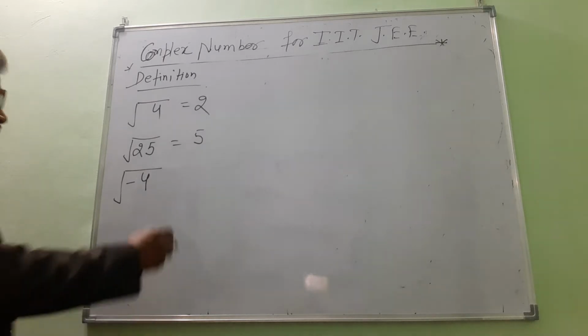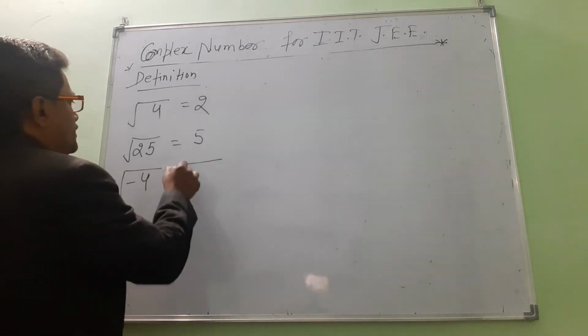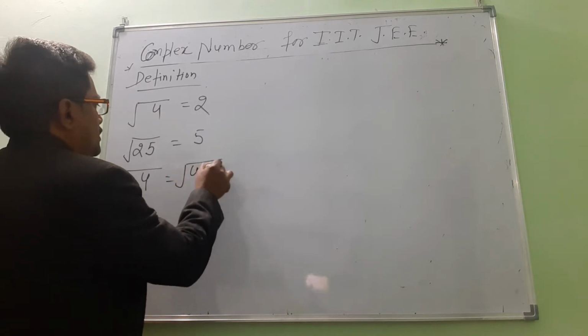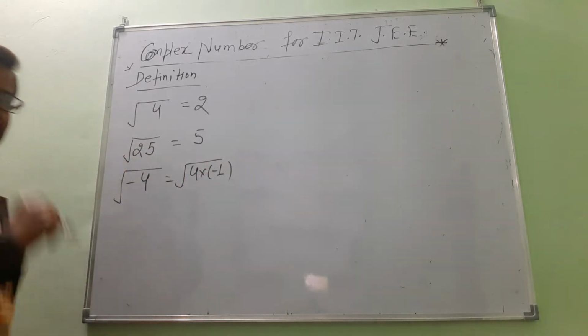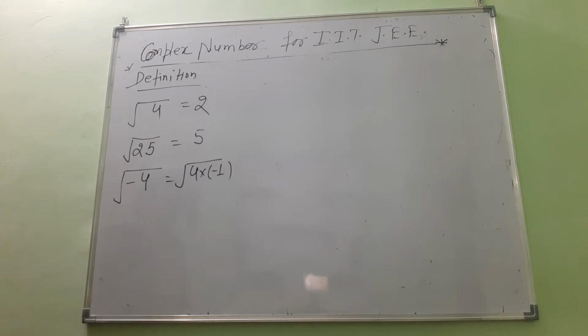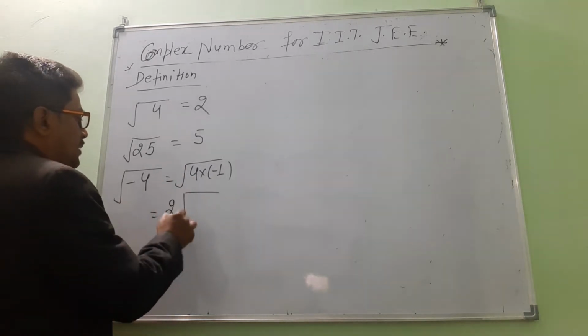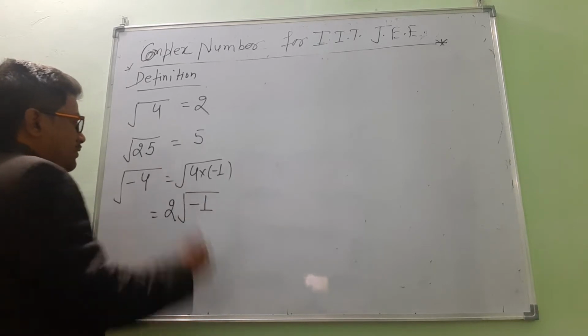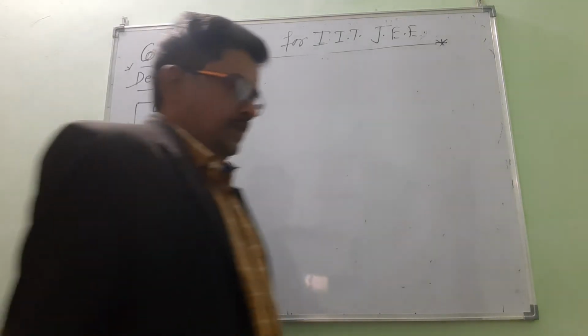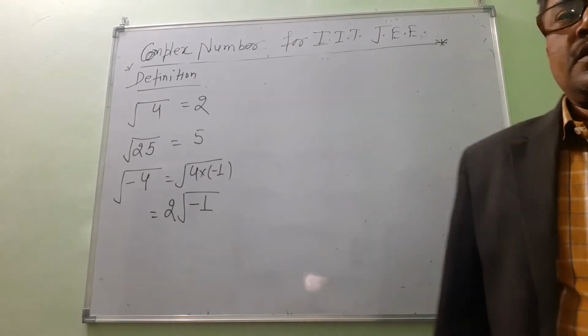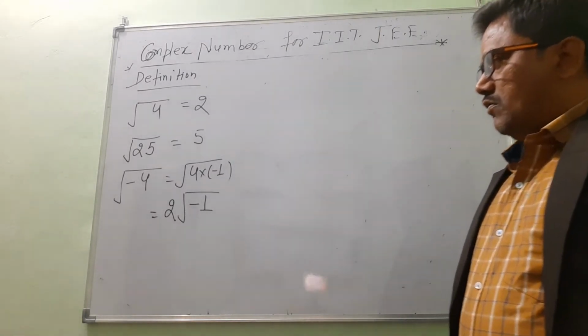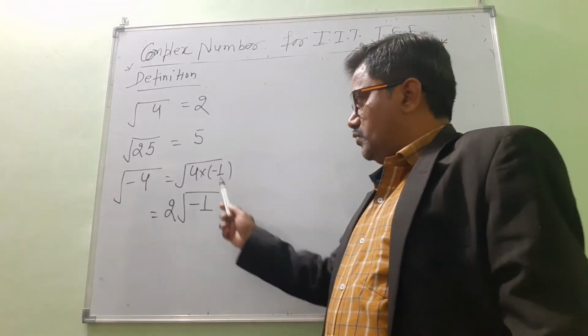So what will we do? We will write it like this: under root 4 into minus 1. Now square root of 4 will be 2 and root minus 1 will be left behind. Now what to do with this root minus 1?